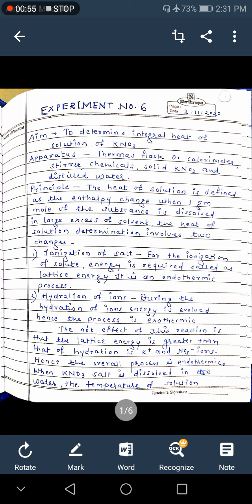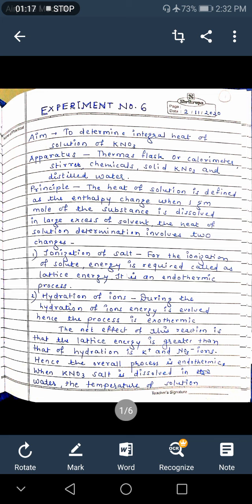The second part at that time was when we dissolved 5 gram of KNO3 in 100 ml water in the thermos flask and noted down the temperature of that solution. After calculation, we got the heat of solution of KNO3.